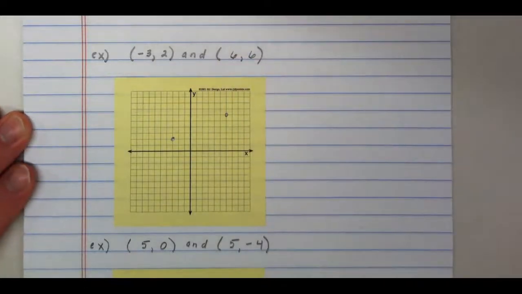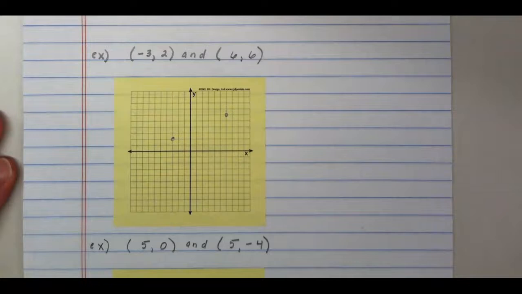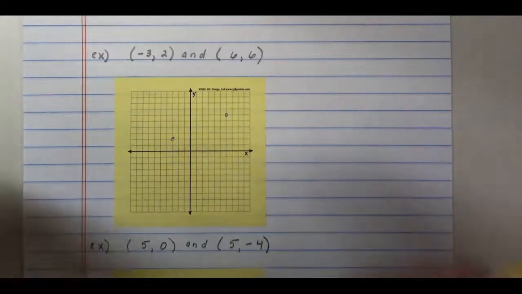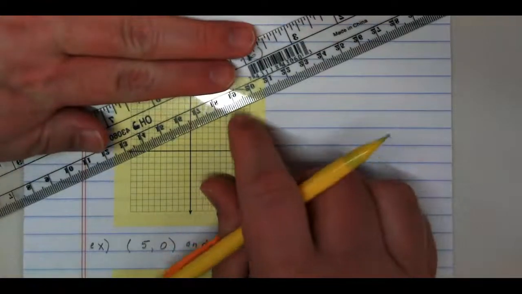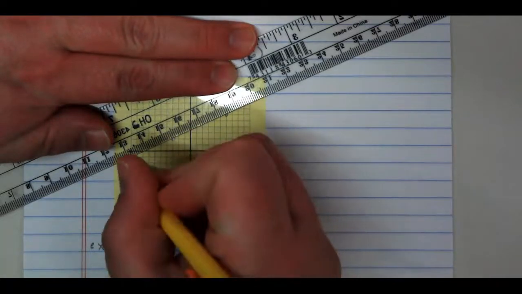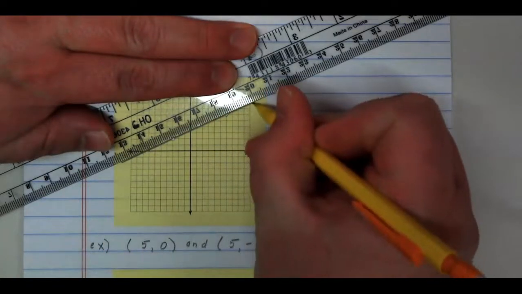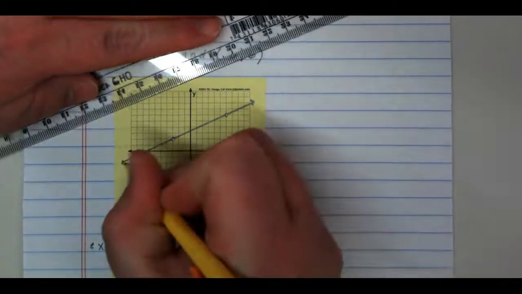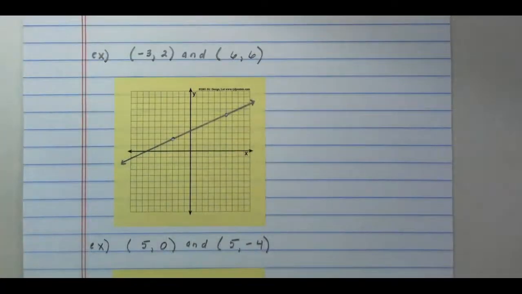So slope is a measure of steepness, or a measure of change when we're looking at a graph. If I were to draw a line between these 2 points, the slope formula is going to help us identify how that line increases or decreases from left to right.